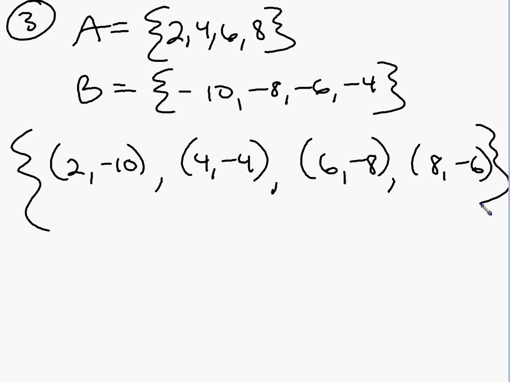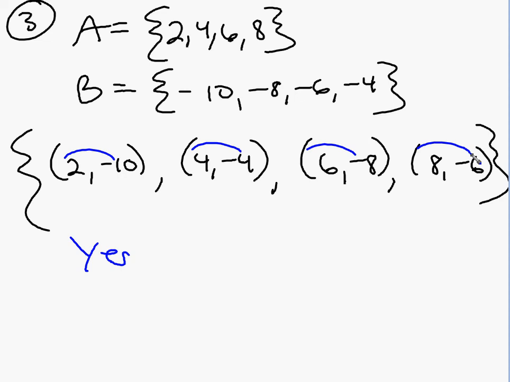So we have to ask, is every x matched up to exactly one y? And I think the answer in this case is yes. Every x, 2 is matched to -10, 4 is matched to -4, 6 is matched to -8, and 8 is matched to -6.